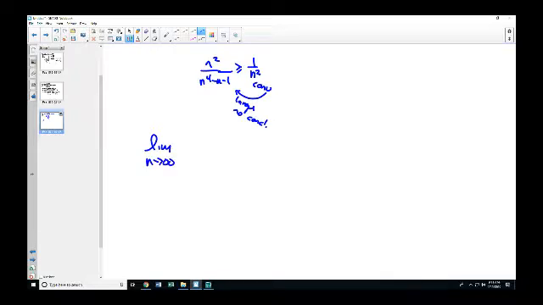The limit is 1. Therefore, B_n converges, so A_n converges. That's the limit comparison test.